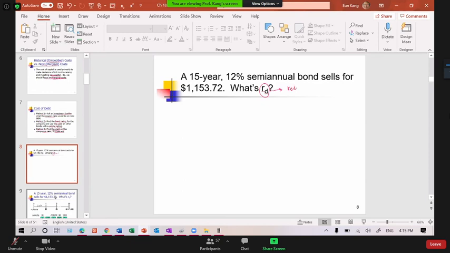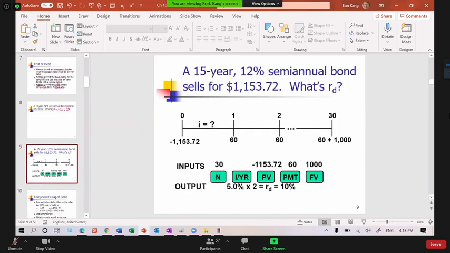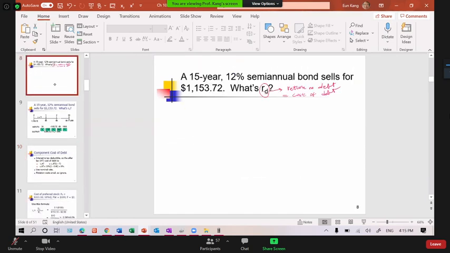actually return on debt, D stands for debt, right? But that is also cost of debt. Why? Because return on debt means return on debt to investors, right?